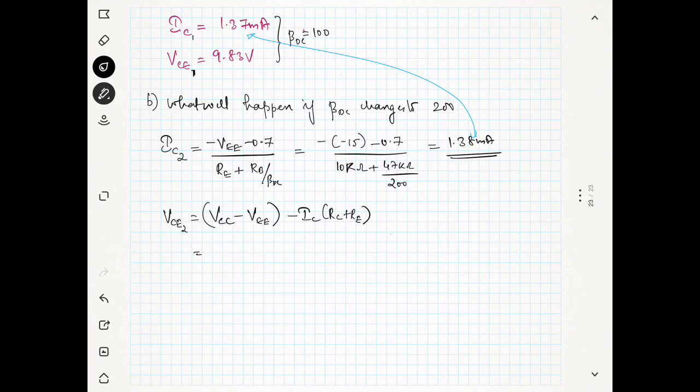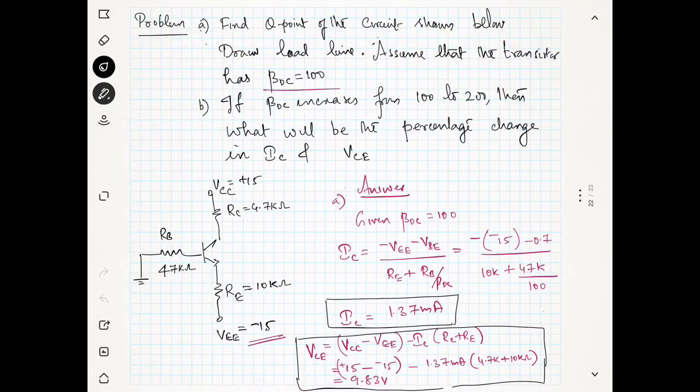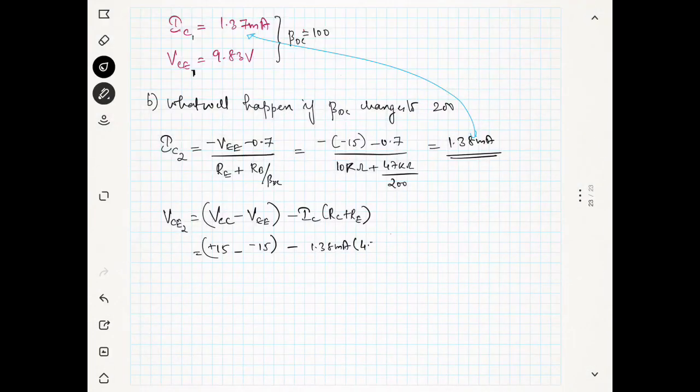So it's nothing but VCC is 15 minus minus 15, minus IC is 1.38 milliampere into RC plus RE. RC is how much? RC is 4.7 kilo plus 10 kilo, right?